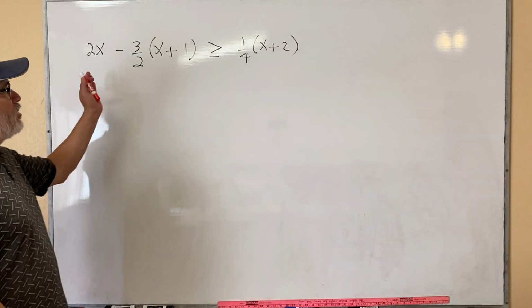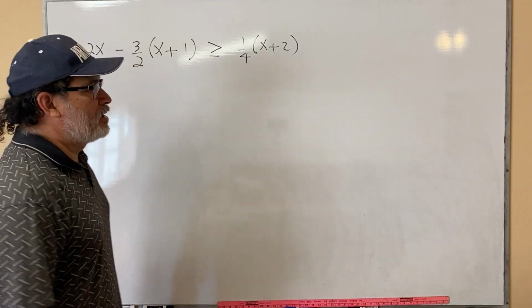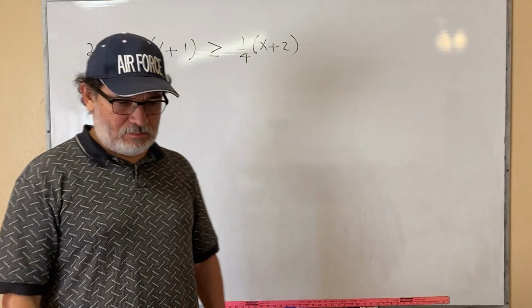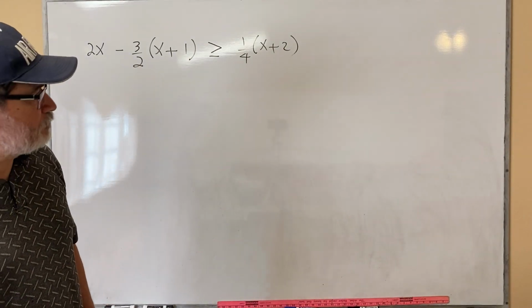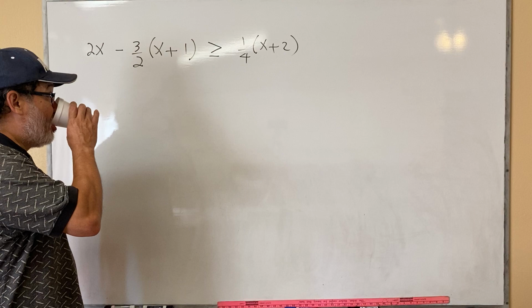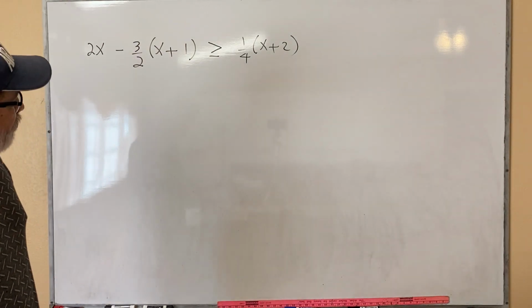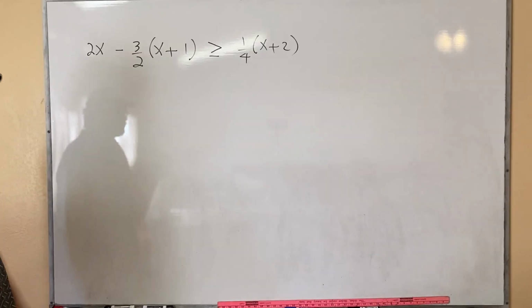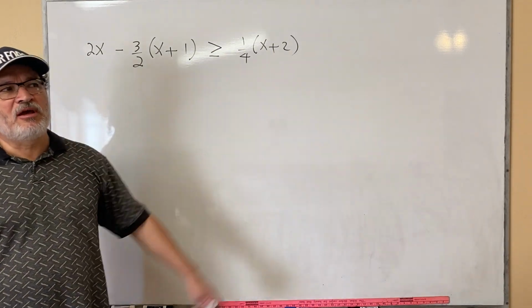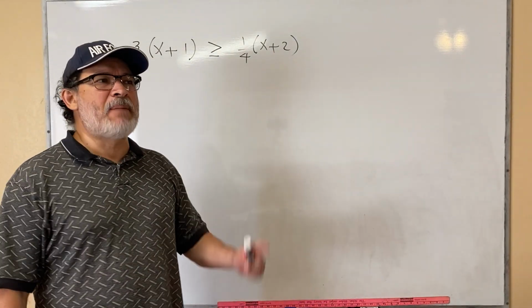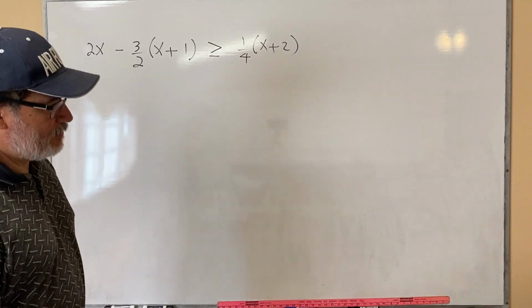The first thing we're going to do is get rid of fractions. To get rid of fractions, I'm going to multiply every numerator by the LCD.